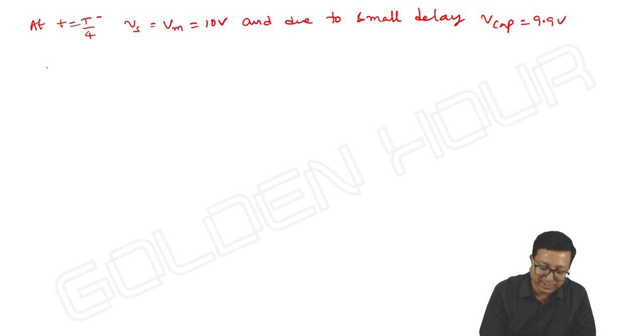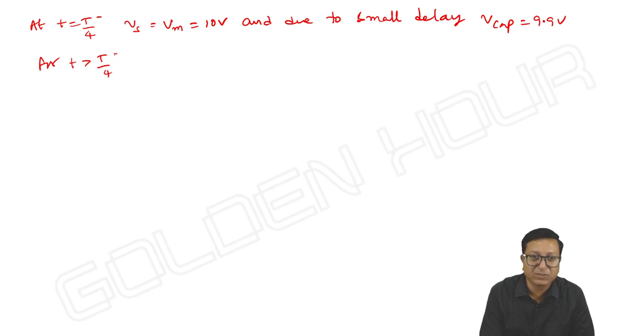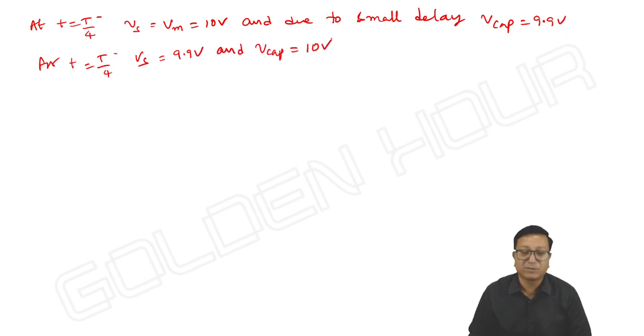Okay. Then for T greater than T by 4, or T is equal to T by 4 plus, I can write it. For T greater than T by 4, Vs is slightly less than Vm, and by that time the capacitor reaches the peak amplitude.